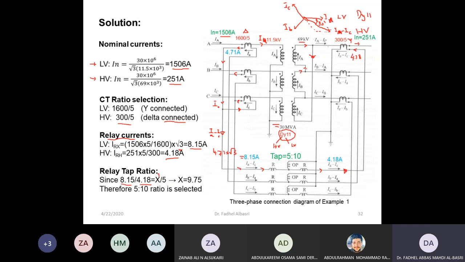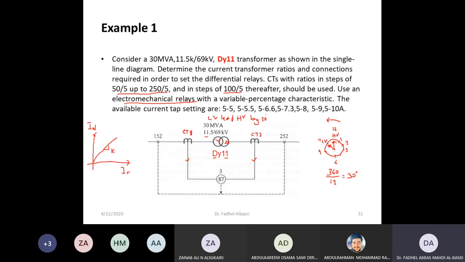Solving this, I need a ratio of 9.75, so I'll choose a ratio of 5 to 10, which is the closest.